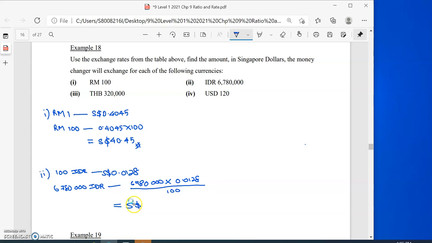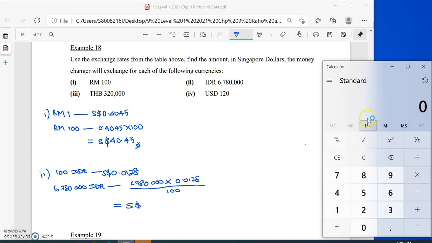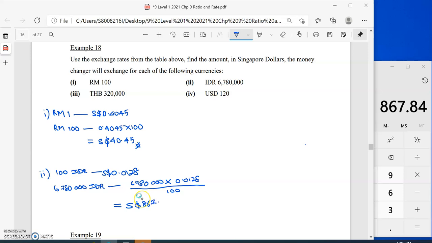Let's check out how much this is in Sing dollars. I have 6,780,000. I multiply by 0.0128, and then I also have to divide by 100 because the rate that I'm given is for 100 units of that item. So in a gist, I will be receiving Singapore dollars 867.84.